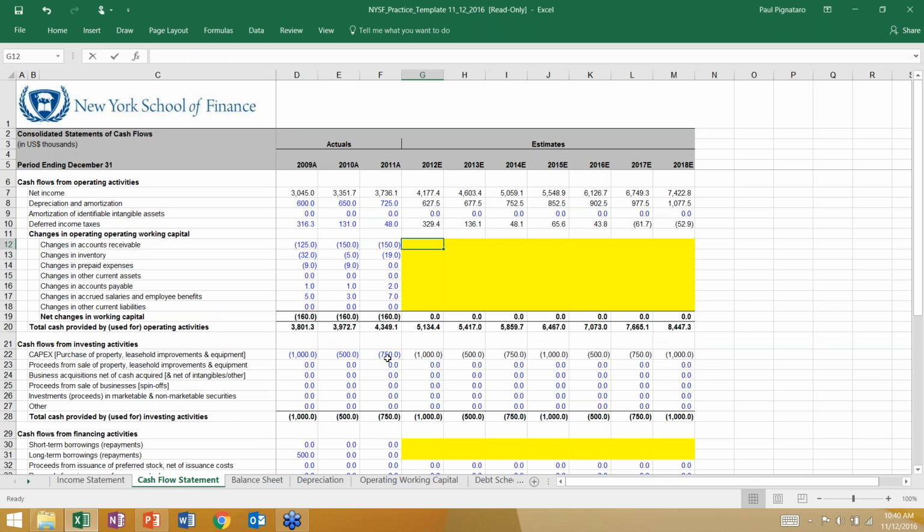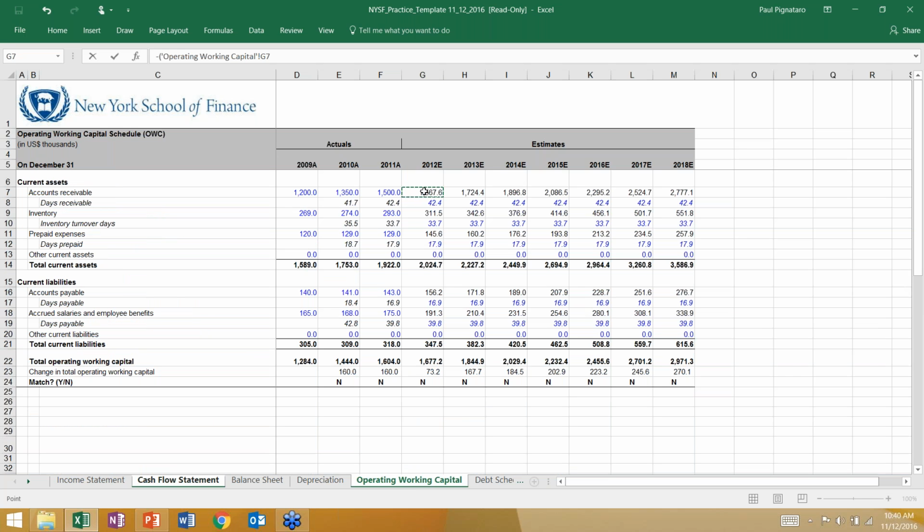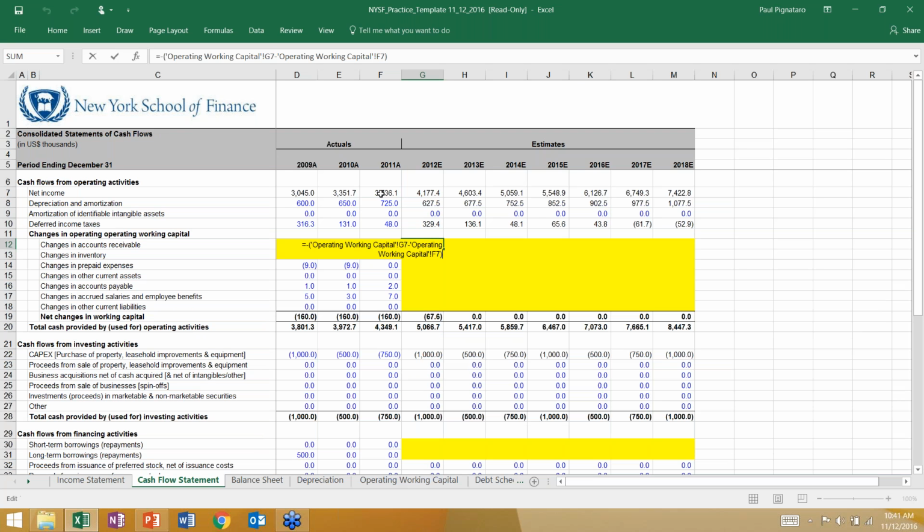So I'm going to say negative, in parentheses, 2012 minus 2011. I could have just subtracted backwards, too. And that makes sense. Accounts receivable is going up, cash going out. Copy this to the right.